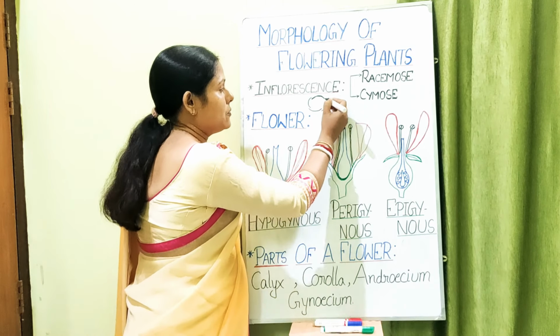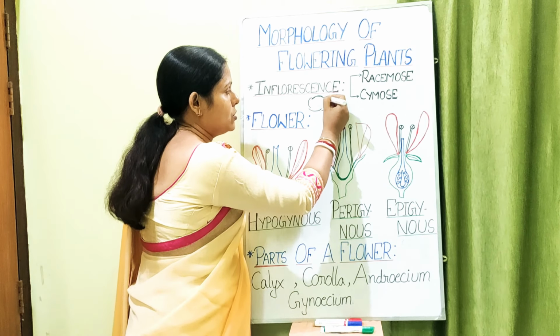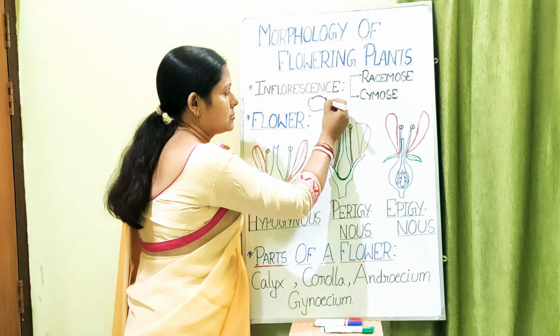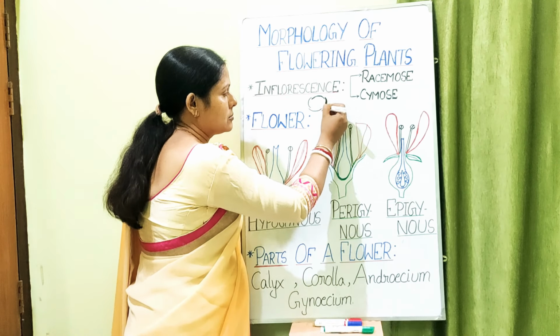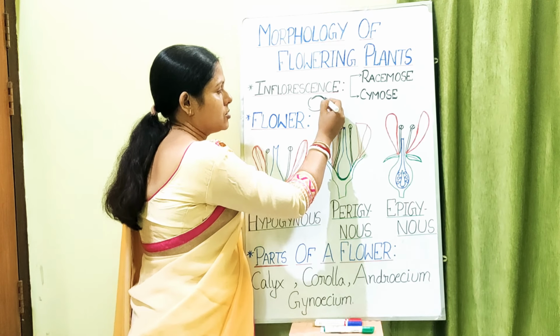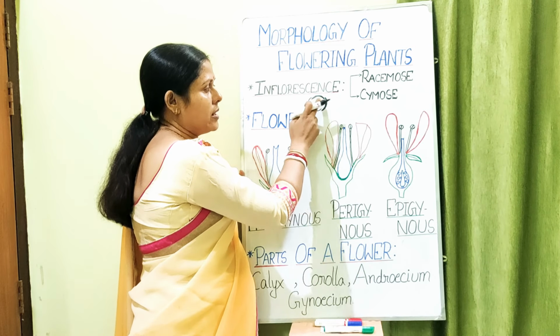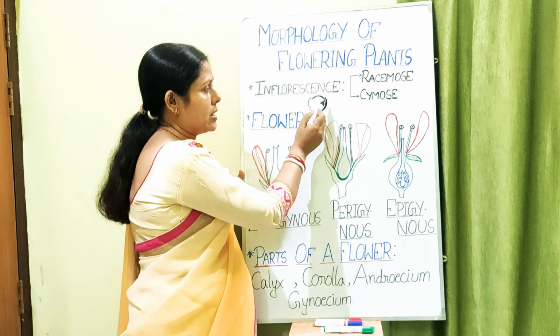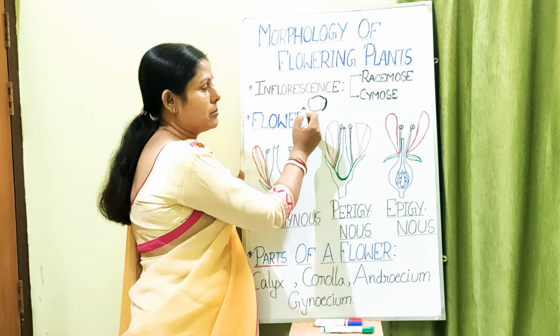Say for example, if we take this to be the example, let me draw it in dark. Here you can see that the top member, the 2 margins of this top member of the calyx, is overlapped by the other 2 floral members.